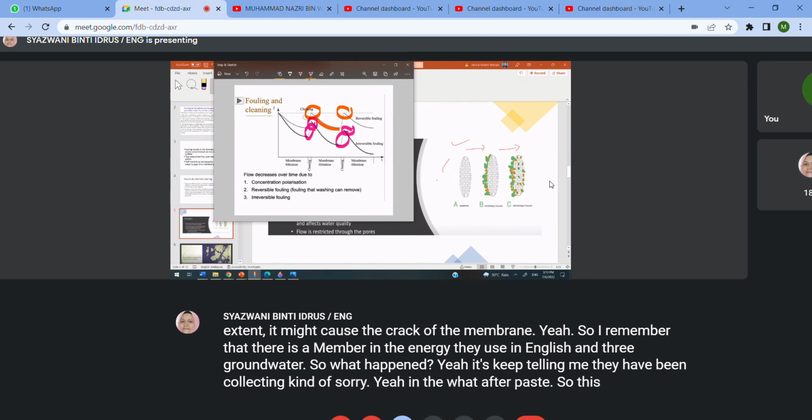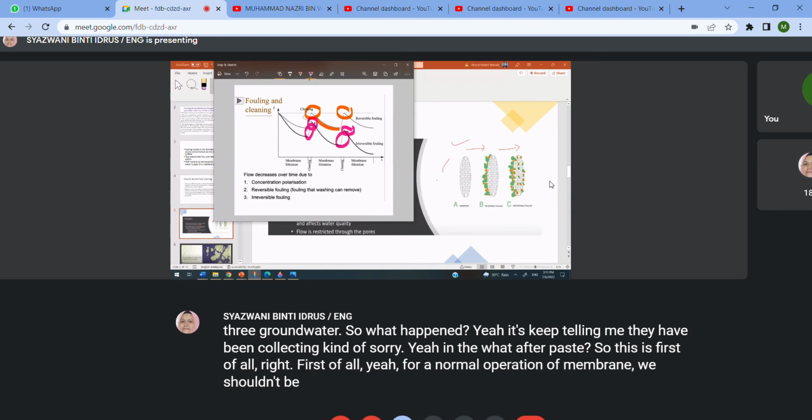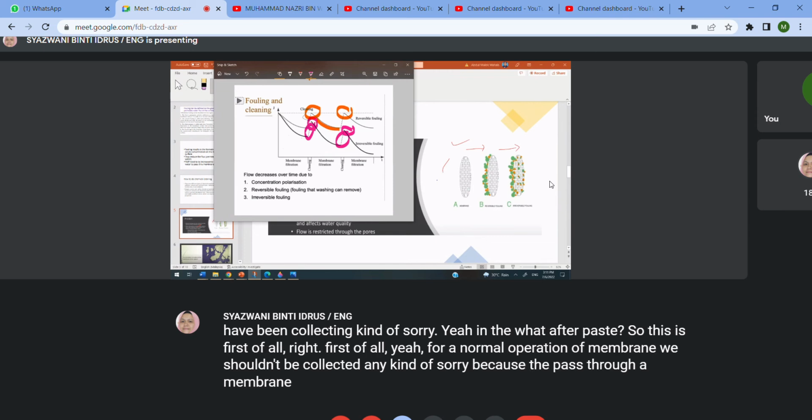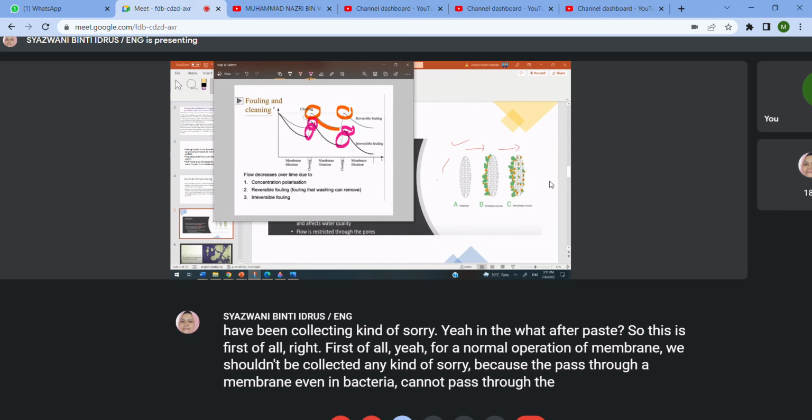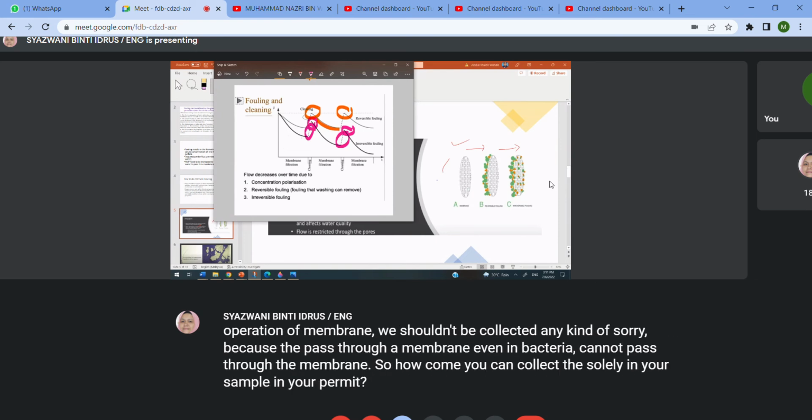First of all, for a normal operation of a membrane, we shouldn't collect any kind of solid, because even bacteria cannot pass through the membrane. So how come you can collect solids in your treated sample, in your permeate? That is the first story.